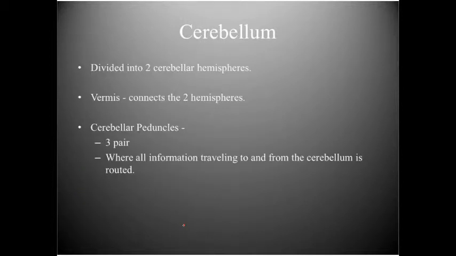Cerebellum is also divided into two cerebral hemispheres. Basically, just like the cerebrum is divided into right and left, cerebellum is no different. The vermis connects the two hemispheres, and there are cerebellar peduncles. There are three pairs, and all information traveling to and from the cerebellum is routed through them. So just keep that in mind.